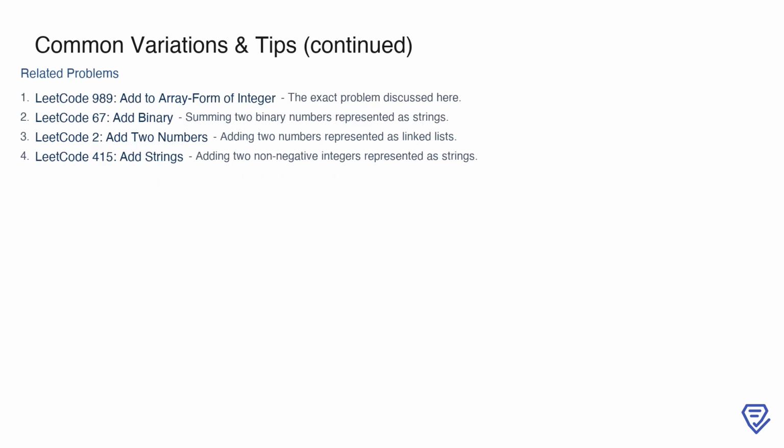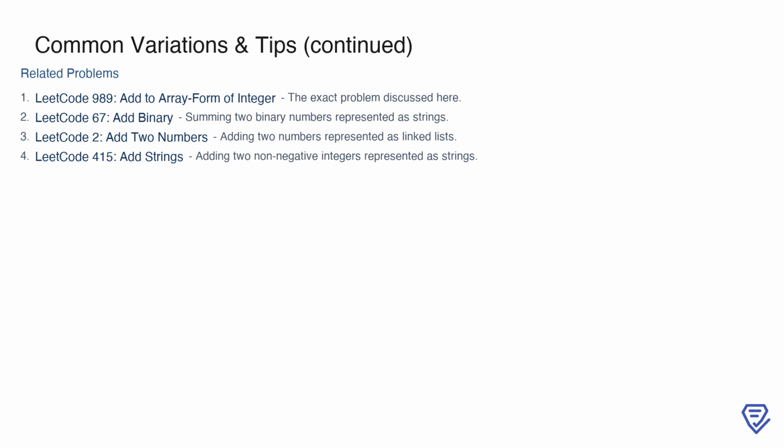This problem shares similarities with other related problems that you might encounter. For example, LeetCode 67, Add Binary, involves summing two binary numbers represented as strings. LeetCode 2, Add Two Numbers, deals with adding numbers represented as linked lists, where each node contains a single digit.